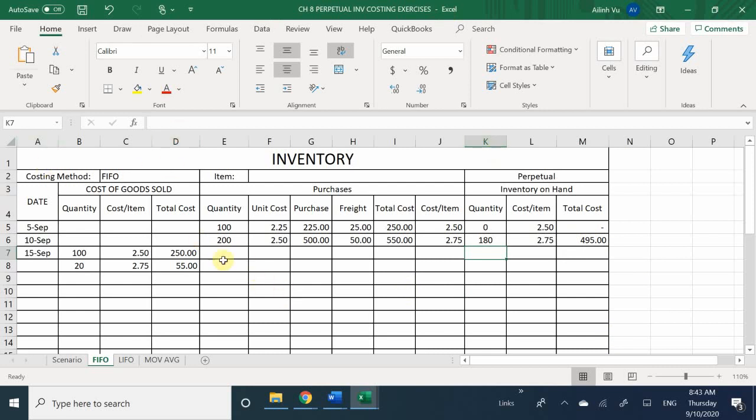Now again, it's up to you if you want to plug it in here for safety, to make sure your calculations are correct. Since we are using 2.75, this number is already rounded because it ended at the 5. It's at the nearest penny already. So in this case, we don't need to utilize the space in here because it's meant for purchases only. We can move straight into our inventory.